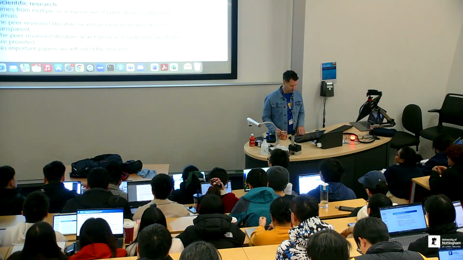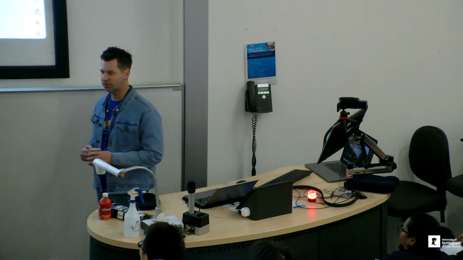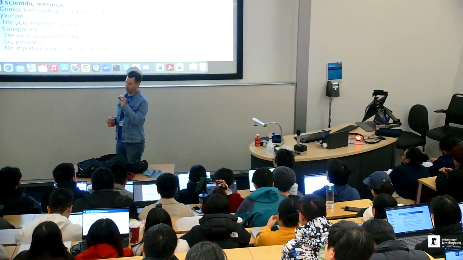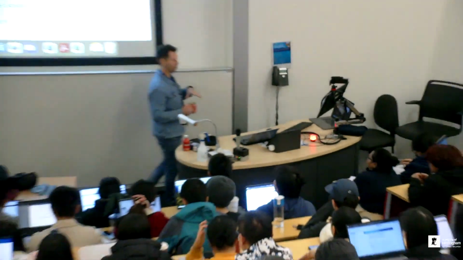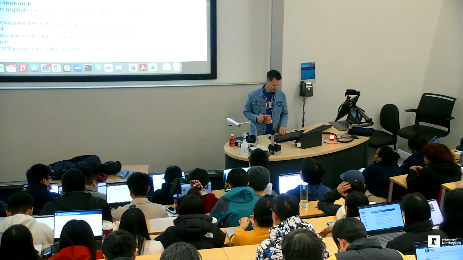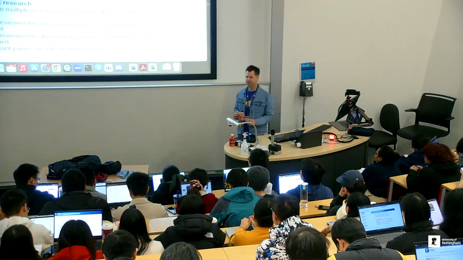Good scientific research, if we extend this idea to scientific research like in this class, comes from multiple or a diverse set of publications, conferences, and journals. Right? So you don't support a hypothesis with just one research paper or one person's opinion. You get a collection of opinions. The peer-reviewed literature search process is documented and transparent.